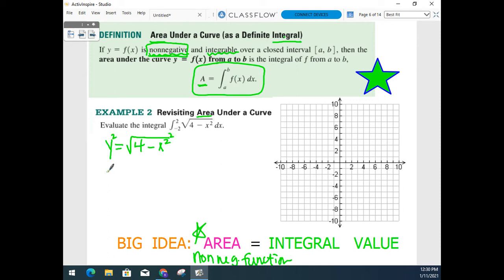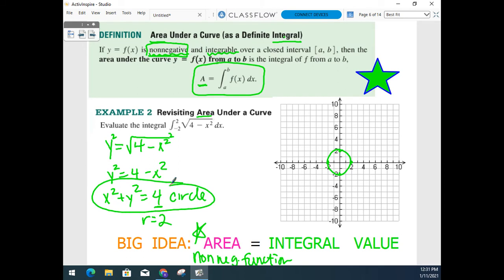If we square both sides, y squared equals 4 minus x squared, move the x squared over, x squared plus y squared equals 4. This is the entire formula for the circle, a circle with radius 2. So radius 2 would be the whole circle. That would be this formula.